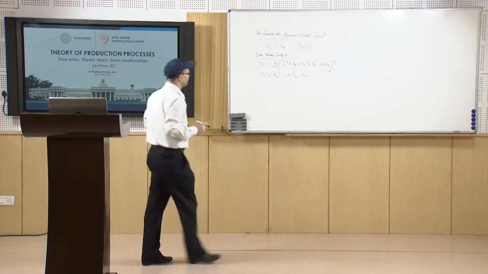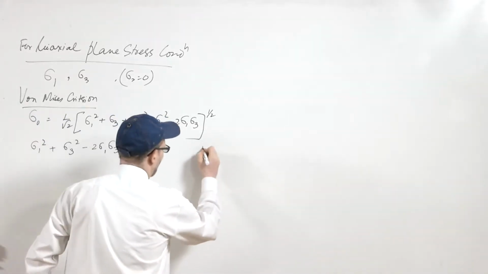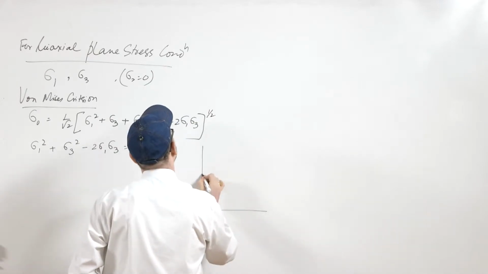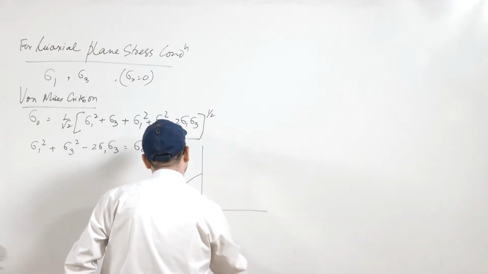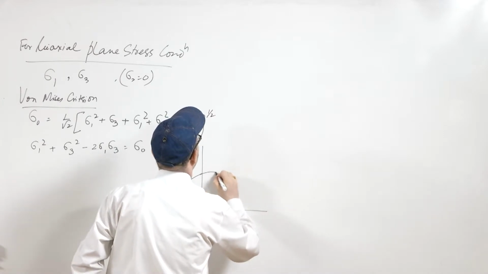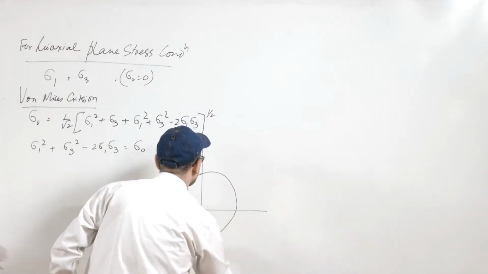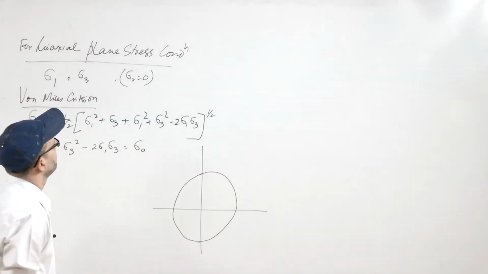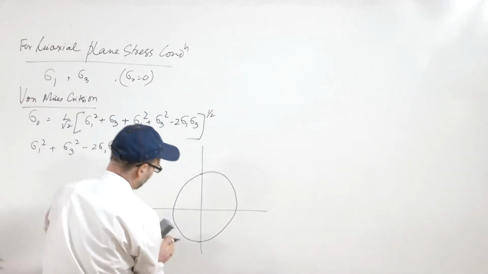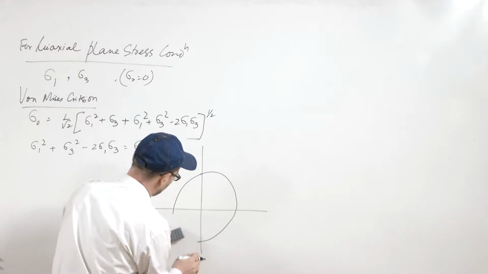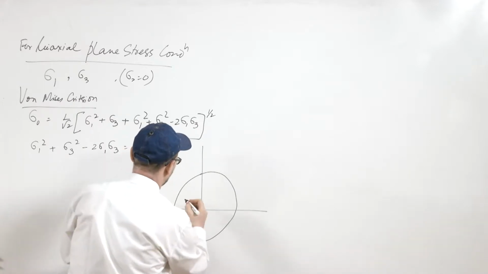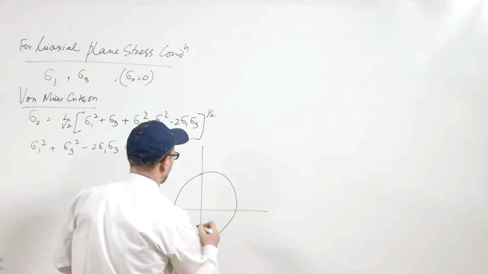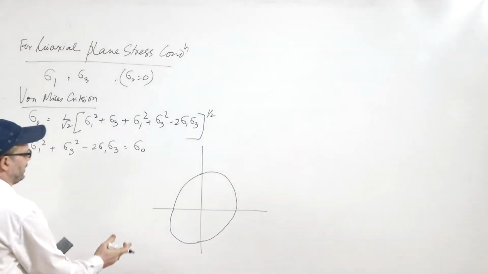So, if you draw the locus, you will have an ellipse, and this part will be a little bigger. It will be symmetric in that way.